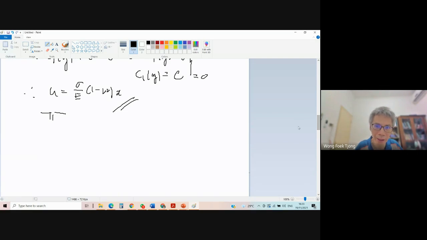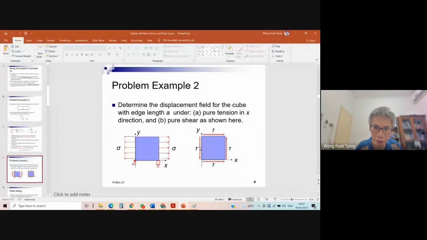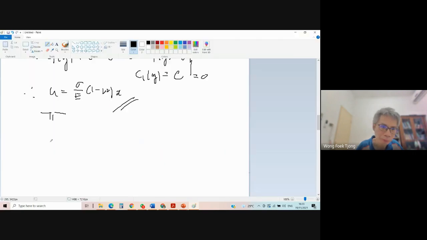Okay, let's now discuss the second case, pure shear. This is undeformed, and then the shearing stress is like this. It is subjected to external shearing stress. The boundary condition, let's take the same as before.